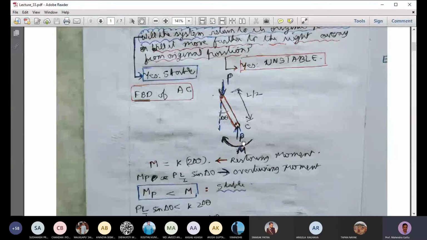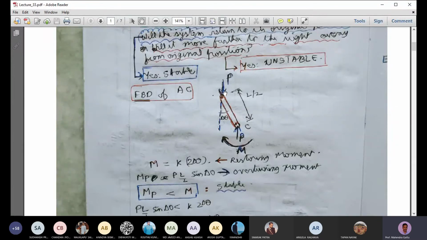That restoring moment is denoted by M. This P and this P form a couple. They will produce an anti-clockwise moment, which will try to move C farther and farther to the right, and M is the restoring moment produced by the torsional spring.